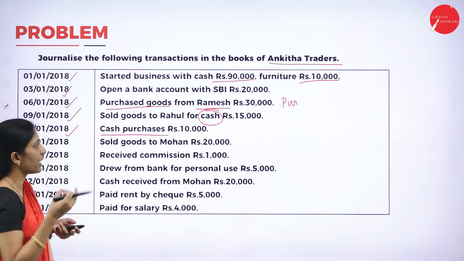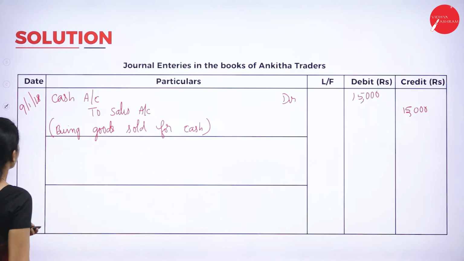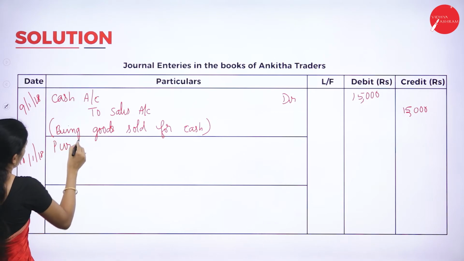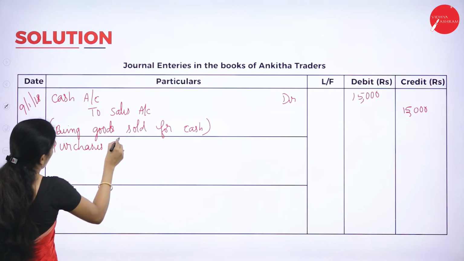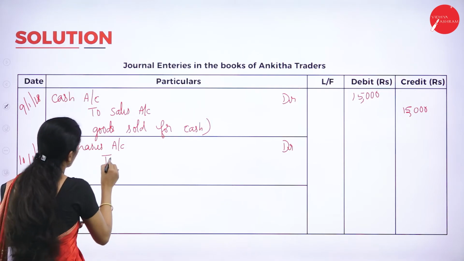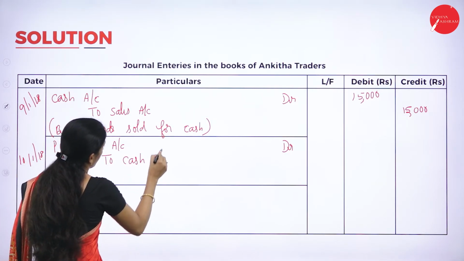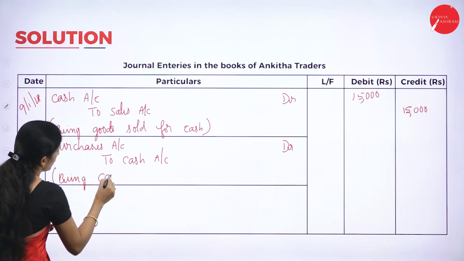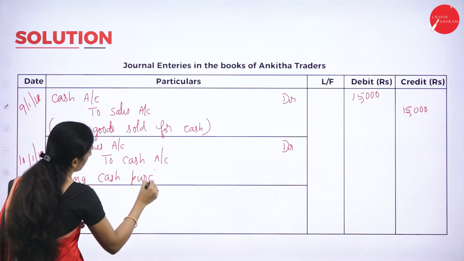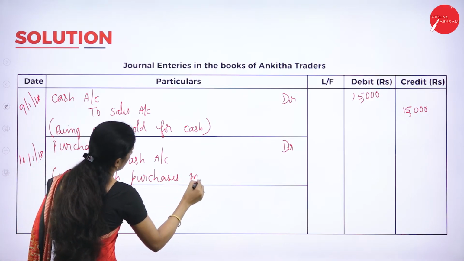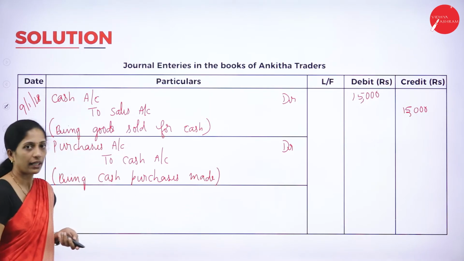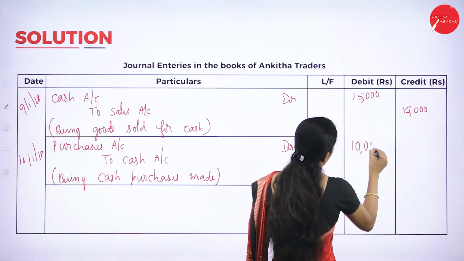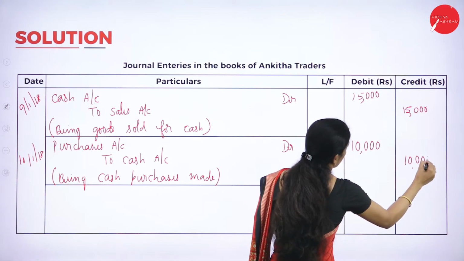So purchases account debit to cash account 10,000. 10/1/2018, purchases account debit to cash account, being cash purchase made. Close the bracket. And what is the amount? That is 10,000. 10,000 in the debit side and 10,000 in the credit side.